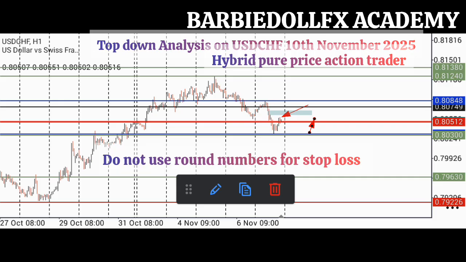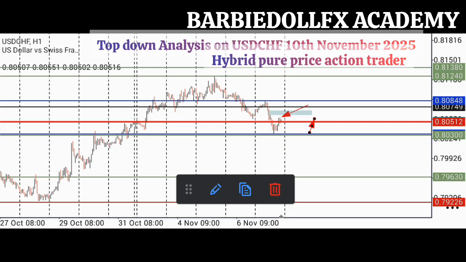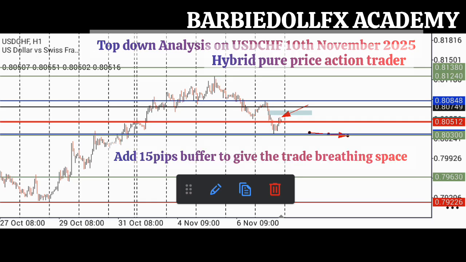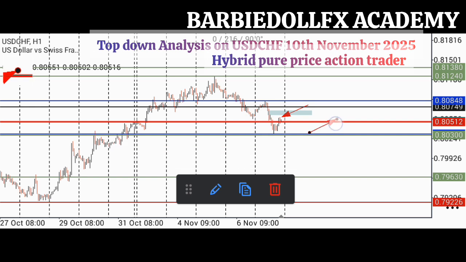Add 15 pips to it. If it's 8050, like this particular one here, for the sell, I'm talking about the sell, add like 15 pips. The stop loss should be 8050 at most, so that you give the market a breathing space.